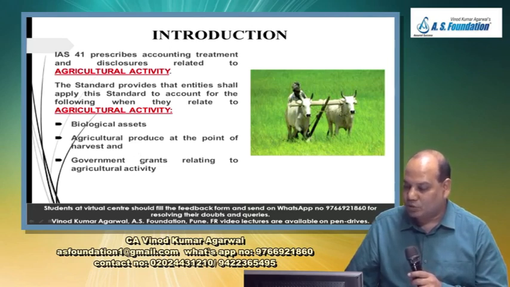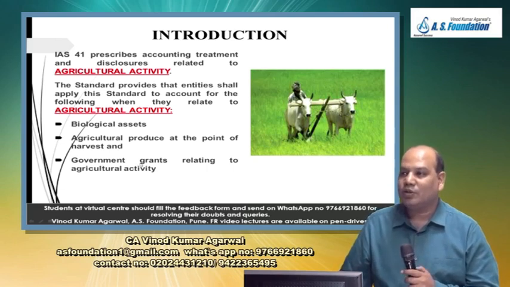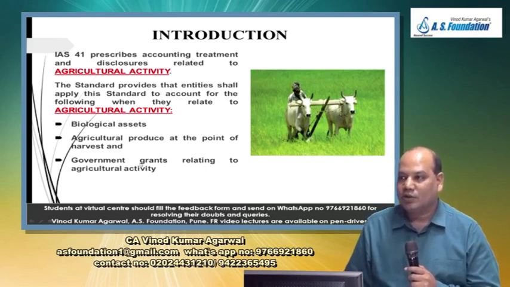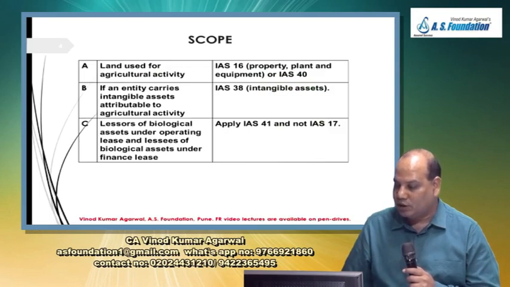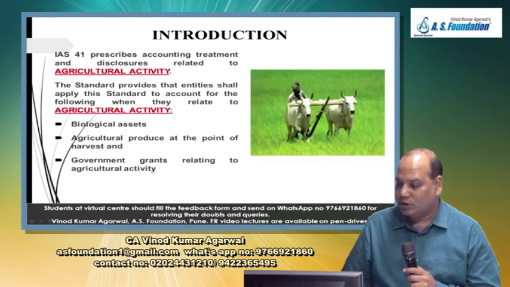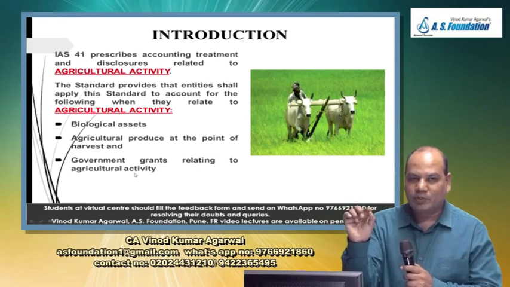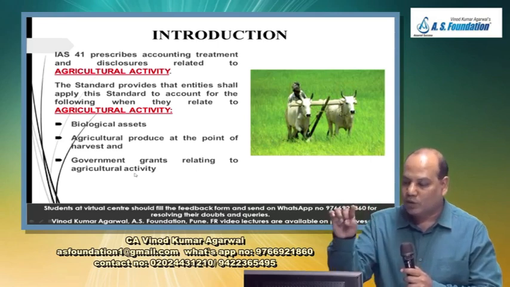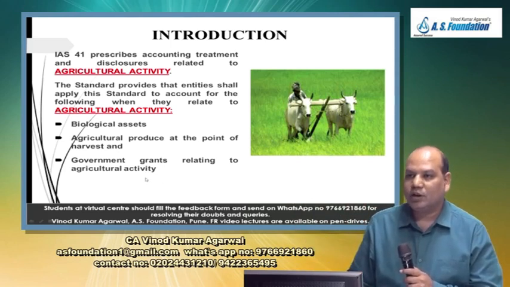And this standard also deals with accounting treatment of government grant related to agricultural activity. Generally, government grant accounting is covered by IAS 20. But if it is related to agricultural activity, then the standard will apply. So some portion of the standard will be dedicated to treatment of government grant related to agricultural activity, because government wants to promote agricultural activity.